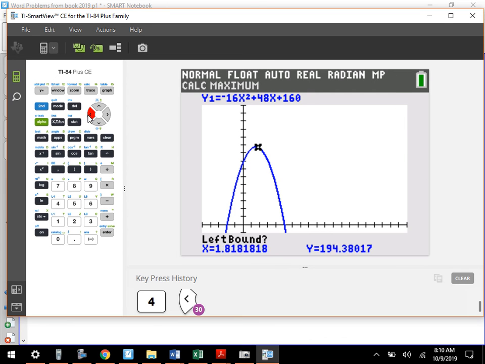You could have done all that just by looking at the table, but no big deal. That's what the calculator's for. This is the type of thing I'd let you use the calculator for. So here it's giving me my maximum: at 1.5 seconds, it reaches 196.